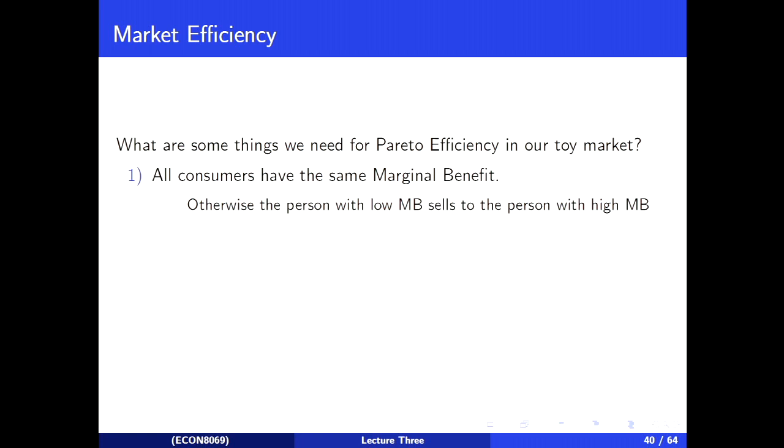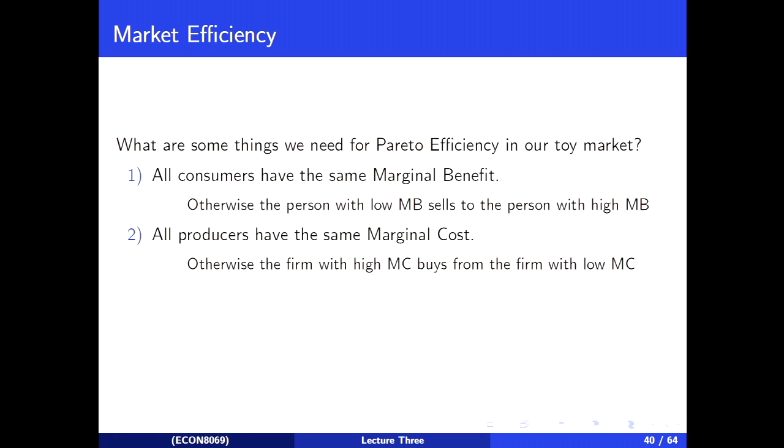So at the very least, we need all of our consumers to have the same marginal benefit for that last good consumed. Or the person with the low marginal benefit sells to the person with high marginal benefit. Similarly, we need all of our producers to have the same marginal cost of production for that last good that they produced.